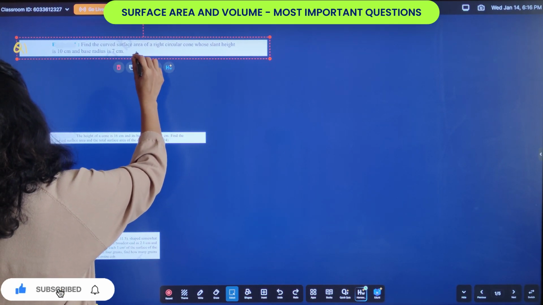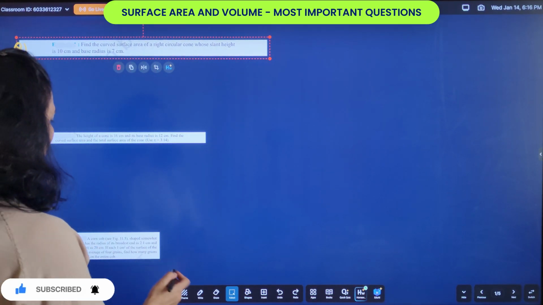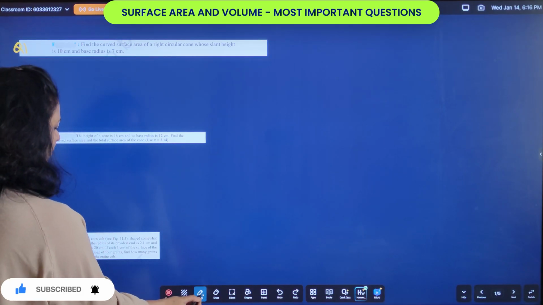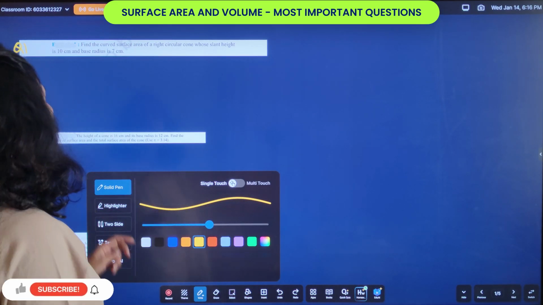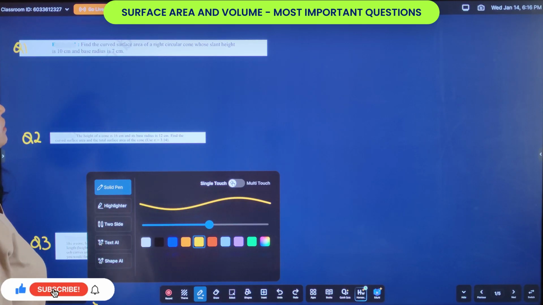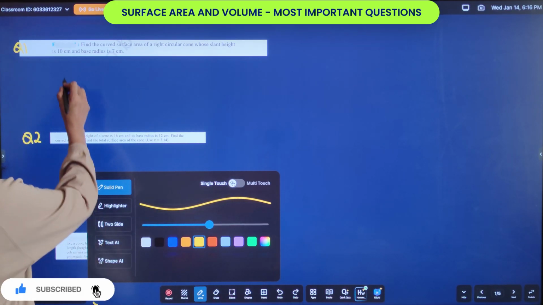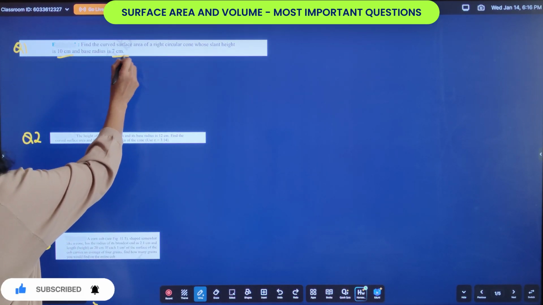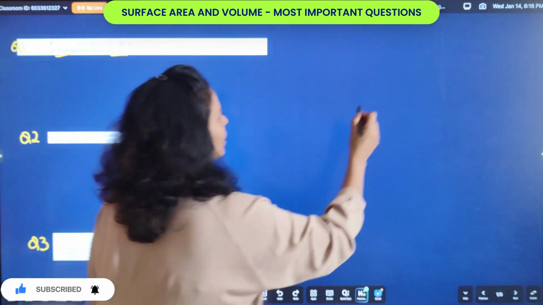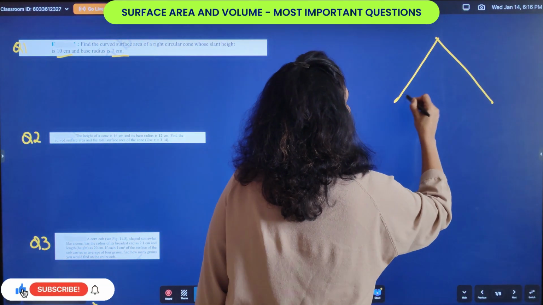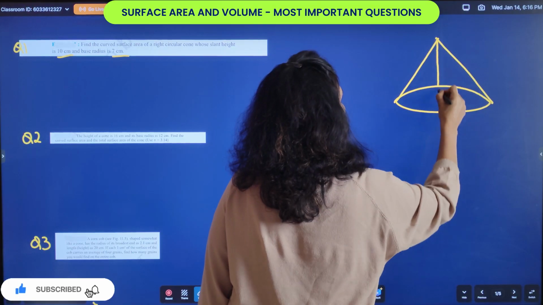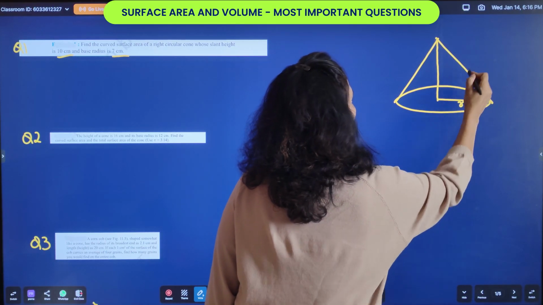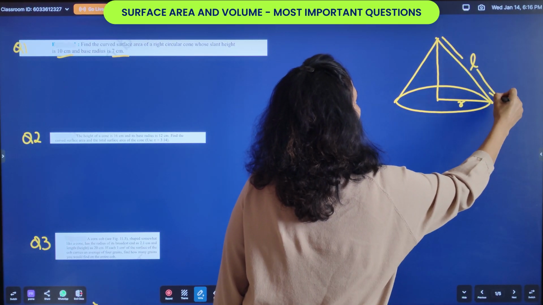The first question here: find the curved surface area of a right circular cone whose slant height is 10 centimeter and base radius is 7 centimeter. So the cone is something like this. This is the height, this is the base radius, this is the slant height.